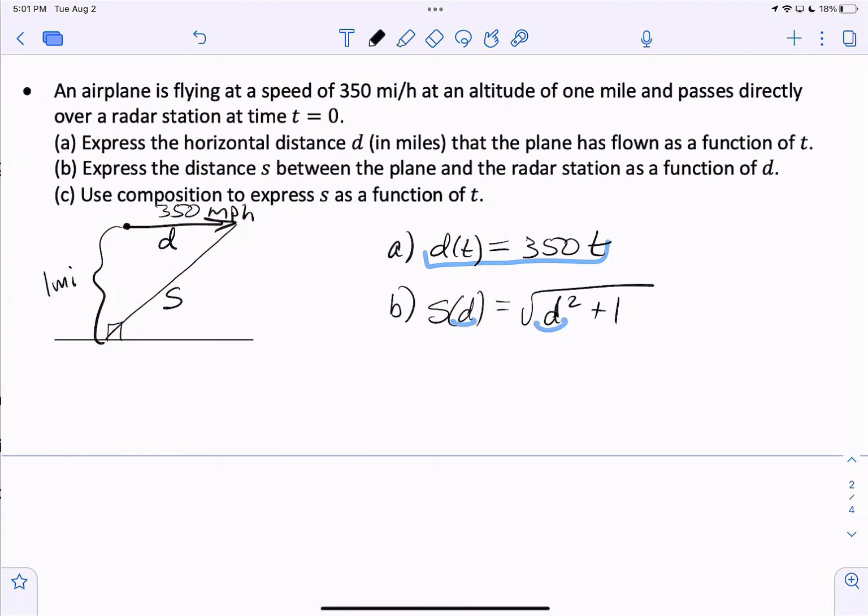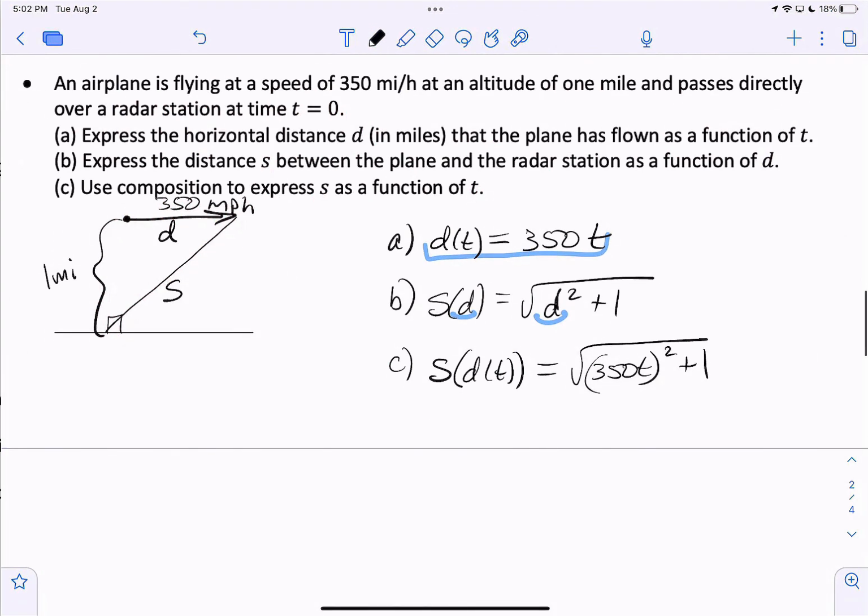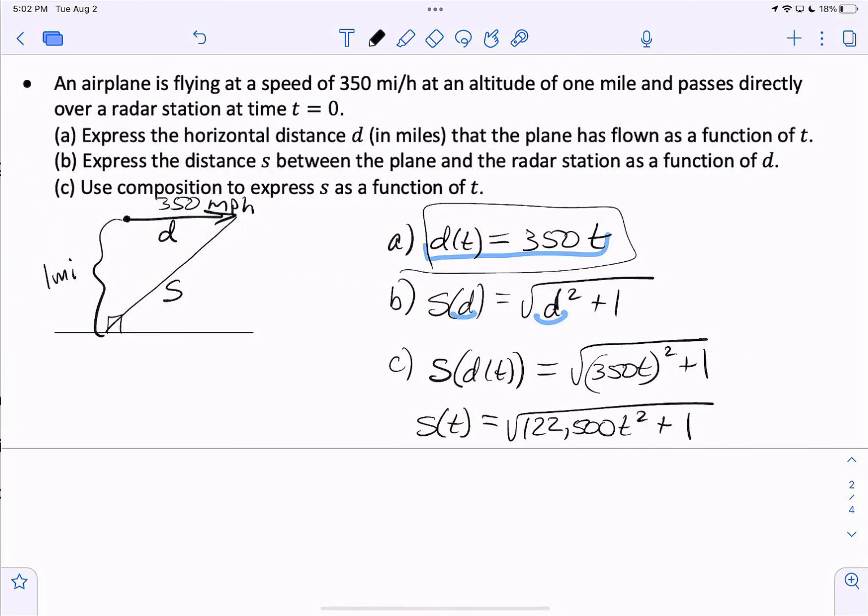And so using composition, I'm basically going to substitute s of d of t, right, there's the composition, is equal to the square root of 350t, that thing squared, plus 1. The result here, s as a function of t, is the square root of 122,500 t squared plus 1. So there's our A, our B, and our C.